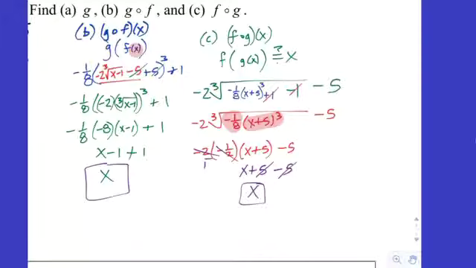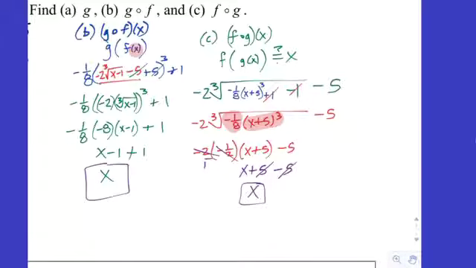Composition, as we saw in the beginning with the elephant blanket, is not commutative in general, but here it appears that the order didn't matter, which means it is commutative. What relation did G and F have with each other again? They were inverses.